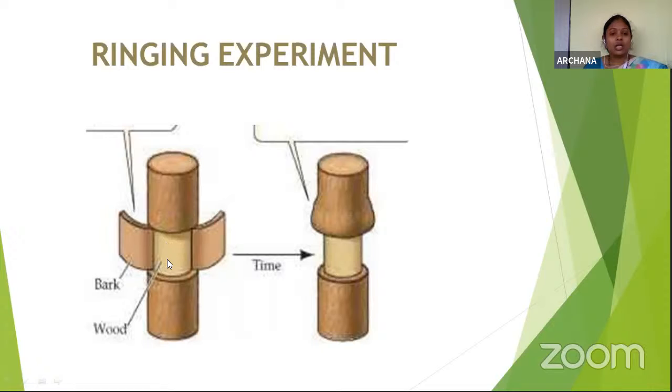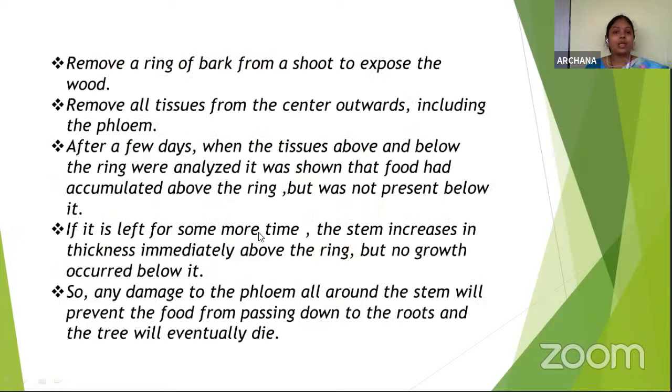After selecting a tree having a bark, they started removing the layers of tissues from the outside inwards, including the phloem. After a few days, when the tissues above and below the ring were analyzed, it was shown that food had accumulated above the ring but was not present below it.